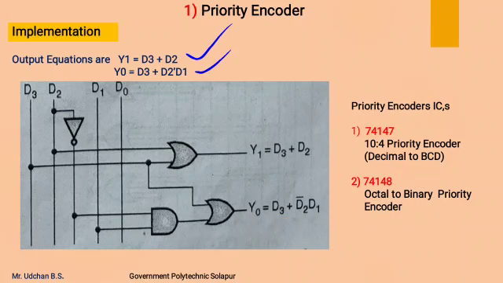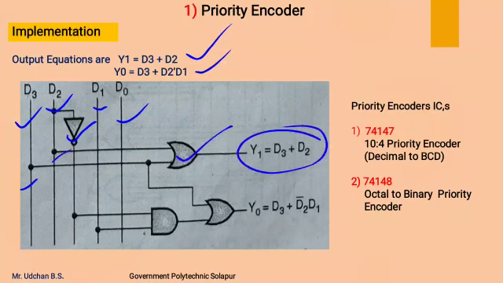Y1 is D3 plus D2, Y0 is D3 plus D2 bar D1. So we require the D3 line, D2 line and its complemented line, that is D2 bar, D1 line and D0 line. To get the Y1 expression, we will connect D3 and D2 to the OR gate, which will give D3 plus D2 output. To get Y0, first we will get the term D2 bar D1 using an AND gate.